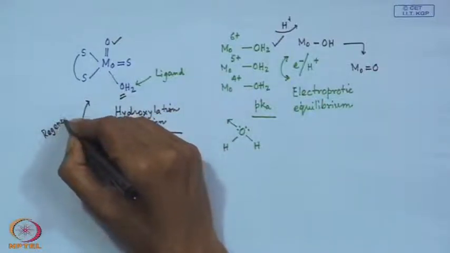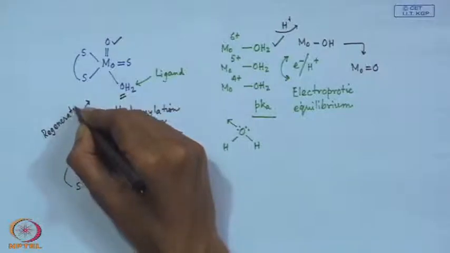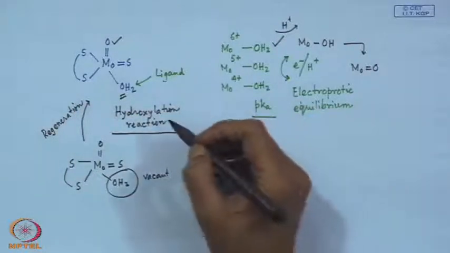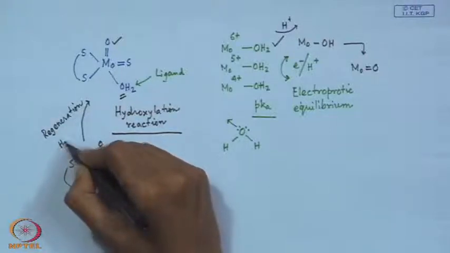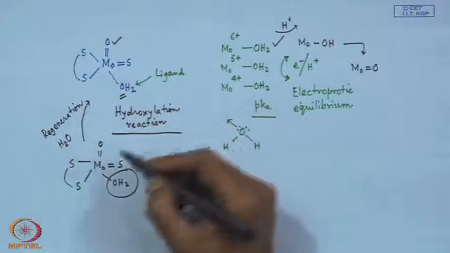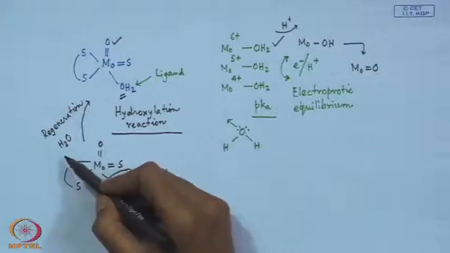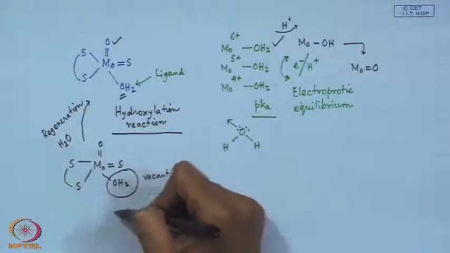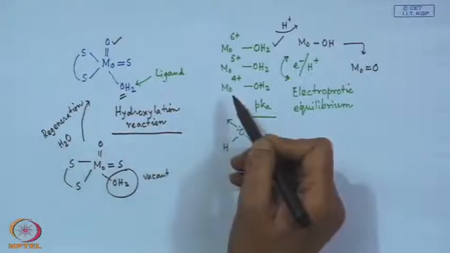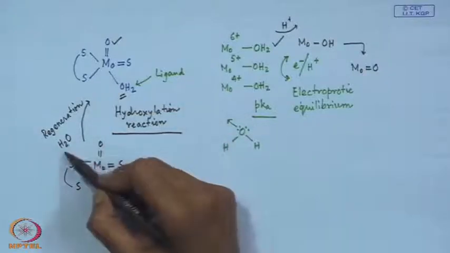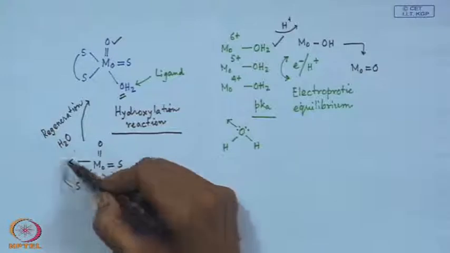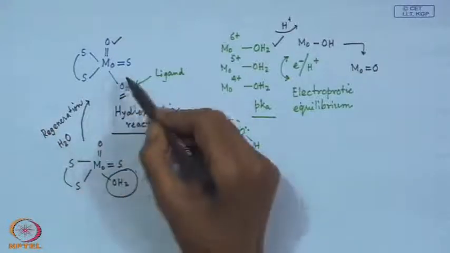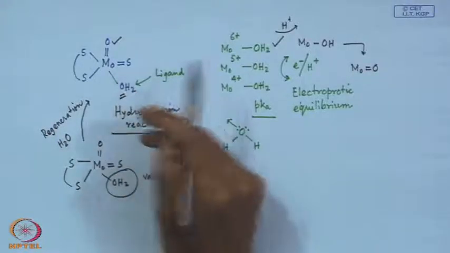regeneration of the active site is possible through water coordination, which is available in the system. The vacancy is created because the oxygen is transferred to the xanthine, and a large number of water molecules are available in the enzyme surroundings, and that water immediately goes and binds to the molybdenum site.